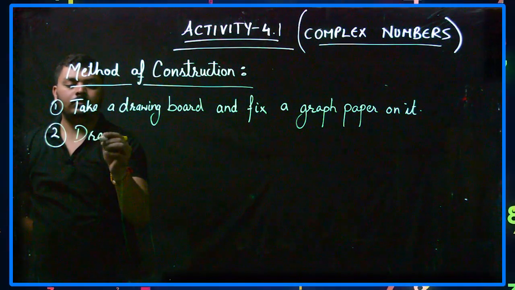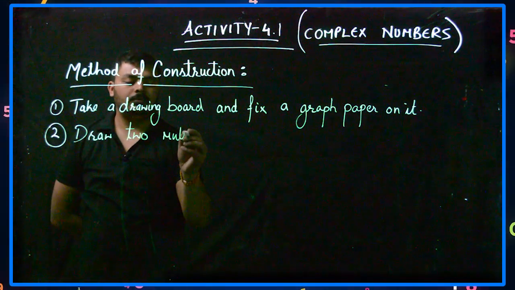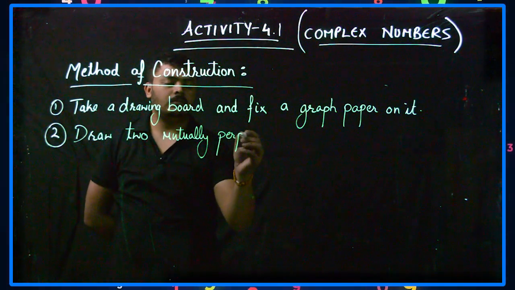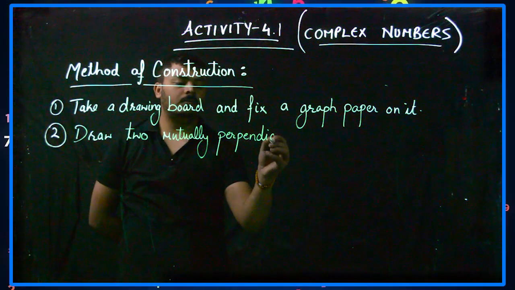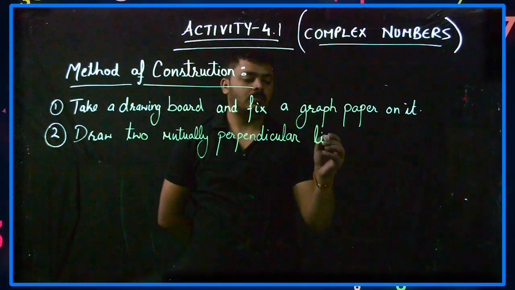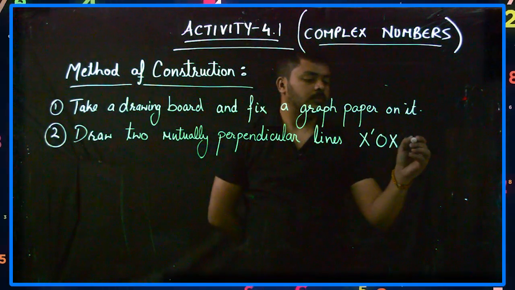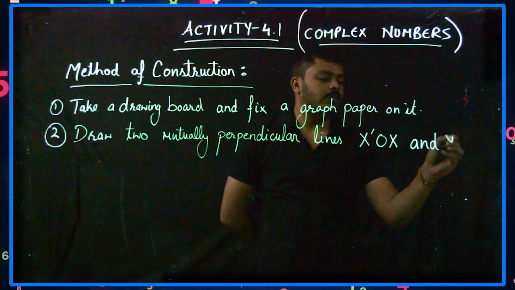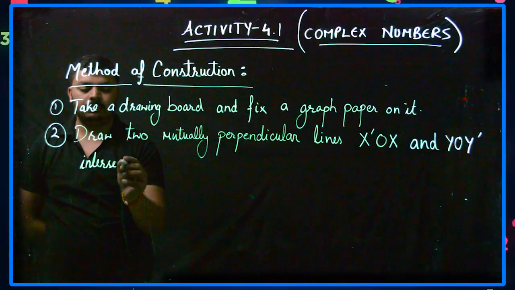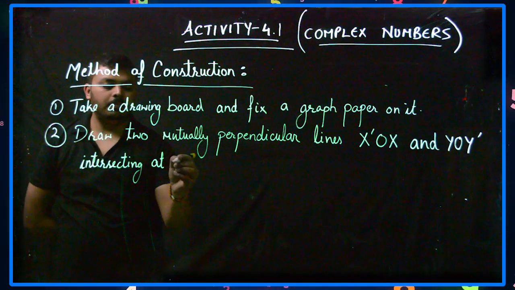Draw two mutually perpendicular lines X'OX and YY' intersecting at point O.